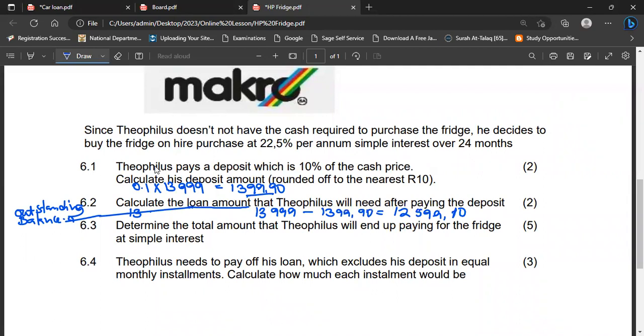And we go determine the total amount. Take note, the total amount that you will end up paying for the fridge at simple interest. So first and foremost, this will be calculated on the outstanding balance, which will be 22.5% times 12,599.10.